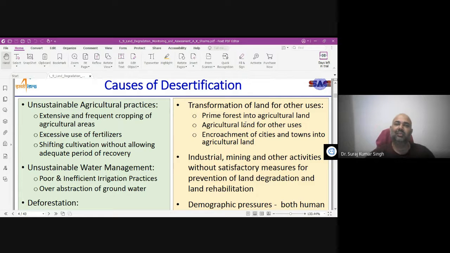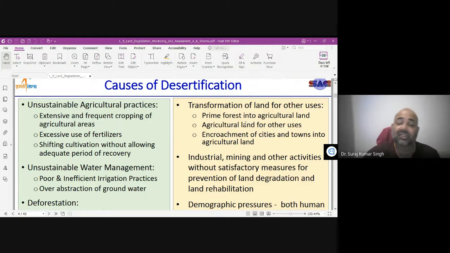You will see many of the cities, or all the major cities of India, if you see in 1970, there was a small city, and in the periphery adjoining that, there was a lot of cultivation and agriculture being done.